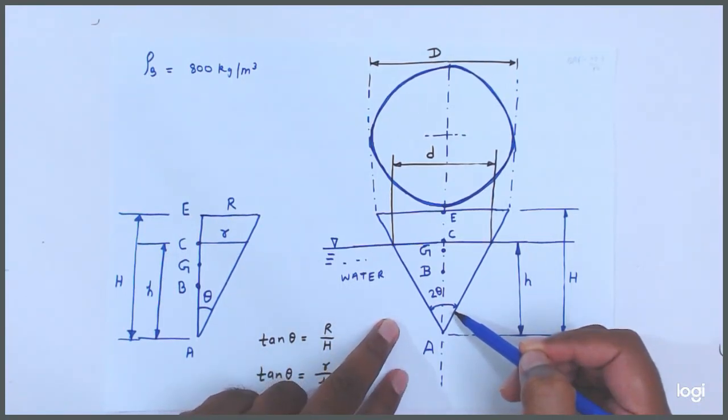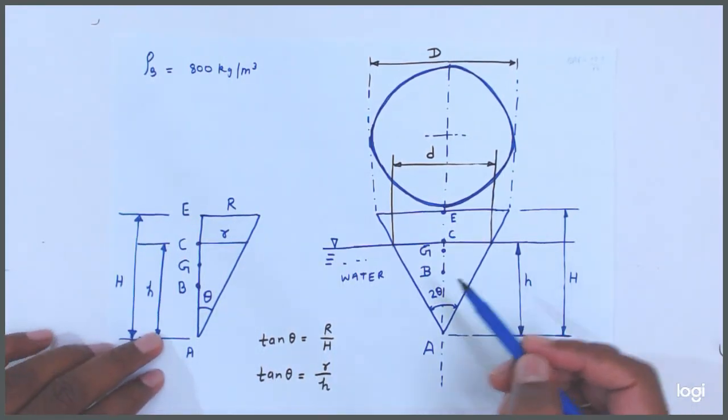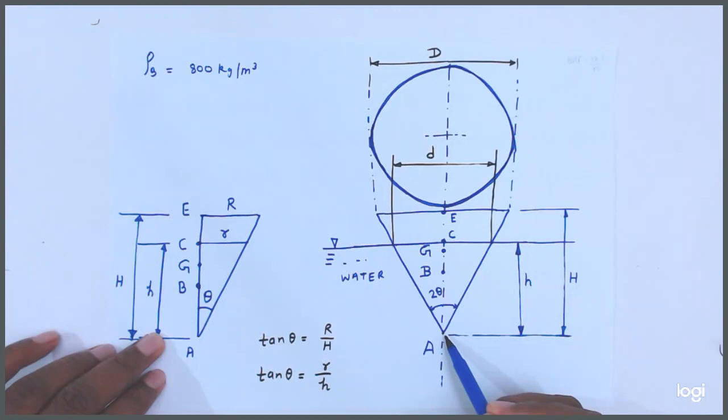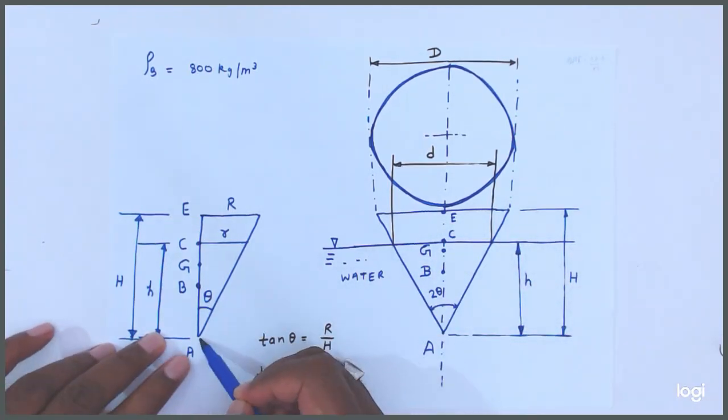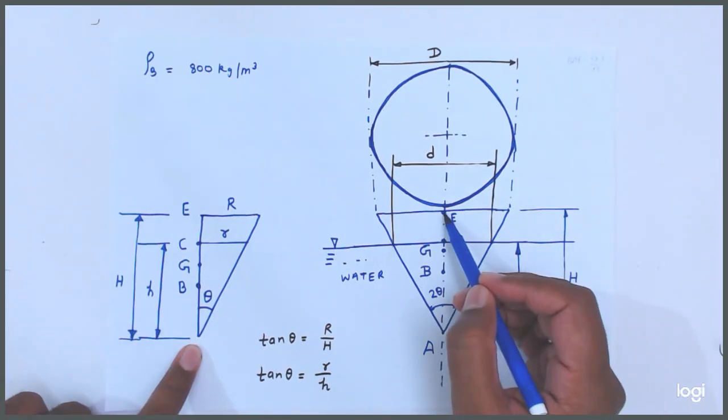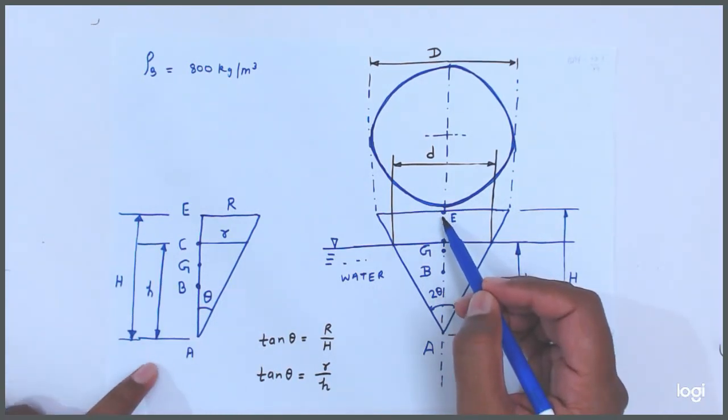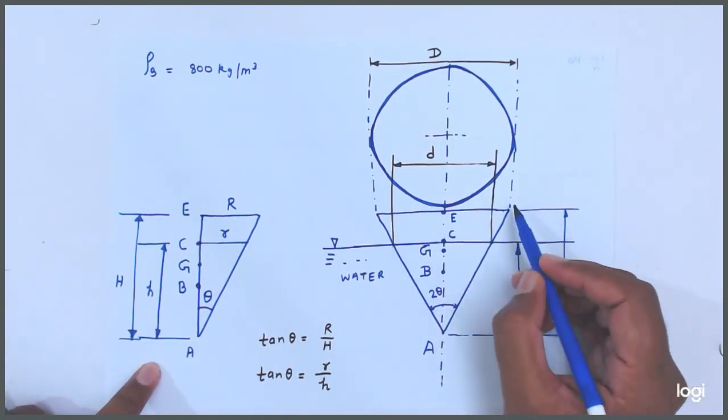Okay friends, if you see in this triangle, here this is A, this is E. You can give some value here.